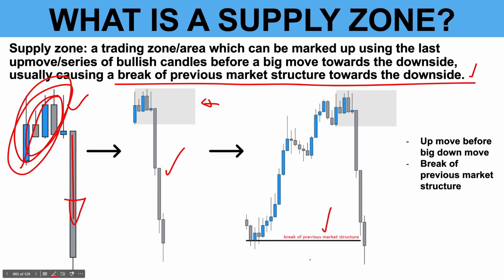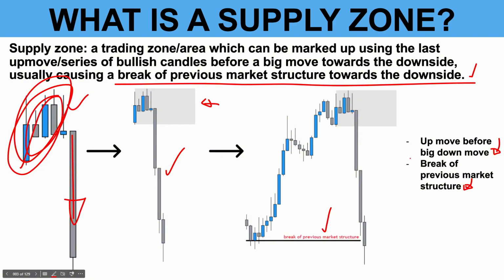So as we can see right there. So right now, for our supply zones, the things we look out for are here on the right: an up move before a big down move, and a break of previous market structure. And in this case, because we're looking at supply zones or sell order blocks or sell zones, the break of structure would be towards the downside.